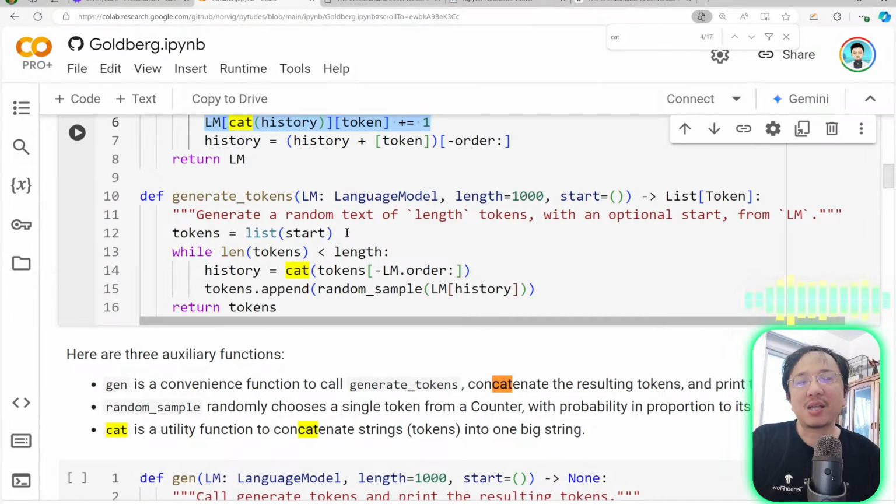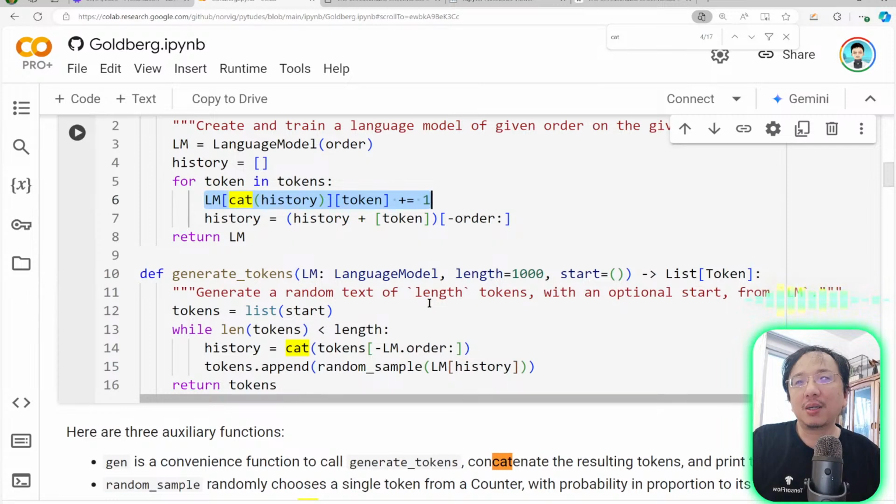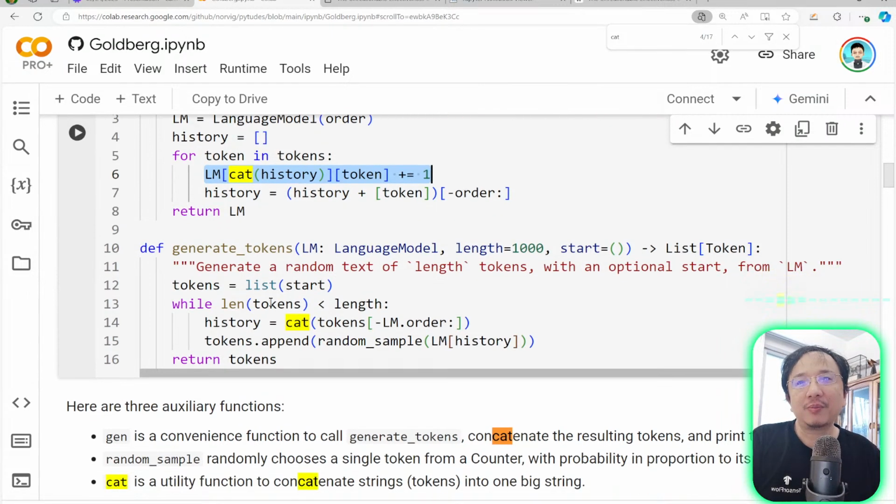So after we get the statistics, we can generate the text character by character using the statistics. So suppose we have a beginning of characters, like 4 characters. At each moment, we get the last 4 characters as a key to query the language model itself, and we can find the statistics of the next characters.